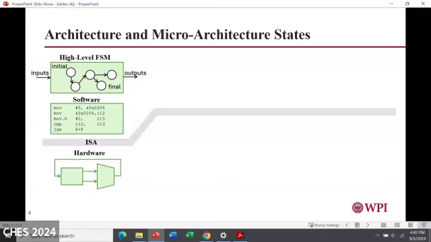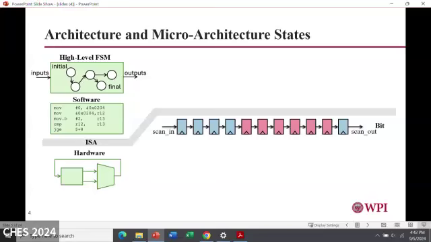Okay, so now we have a design where all the registers are presented with a scan chain. This is at the bit level in the hardware, and all these registers are connected through the scan chain. In order to form an architecture state representation, we will take all the programmer visible bits from the scan chain.